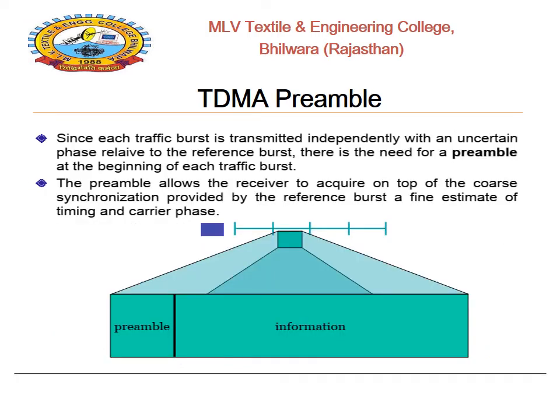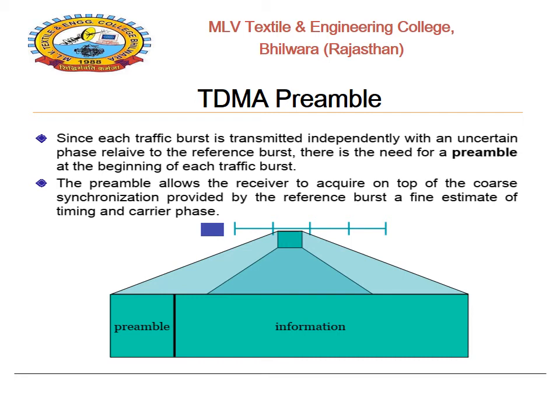Next represents the TDMA preamble. Since each traffic burst is transmitted independently with an uncertain phase relative to the reference burst, there is a need for a preamble at the beginning of each traffic burst. The preamble allows the receiver to acquire, on top of the coarse synchronization provided by the reference burst, a fine estimate of timing and carrier phase.